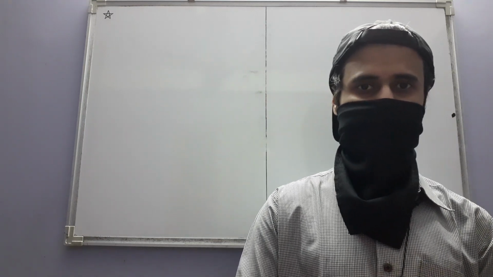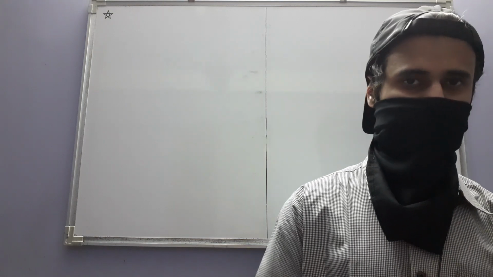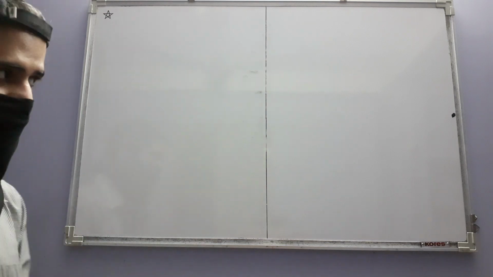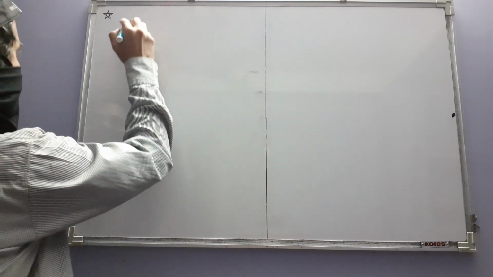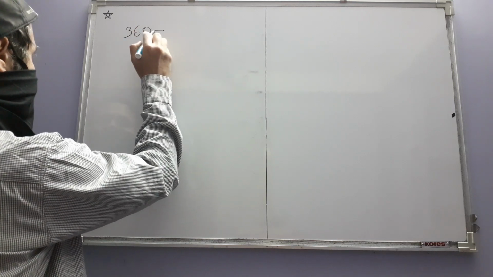Alright, so in the previous video we proved the fundamental theorem of arithmetic, which basically says that if you are given a positive integer greater than 1, then it has a factorization as a product of some primes in an essentially unique way. For example, you can look at this integer 360.